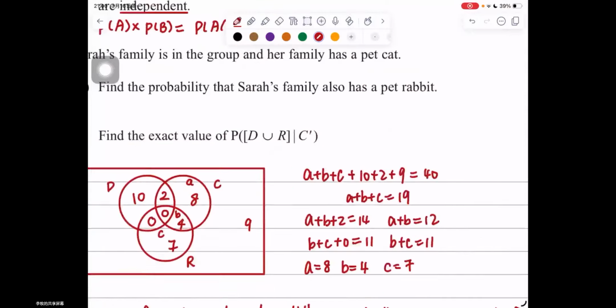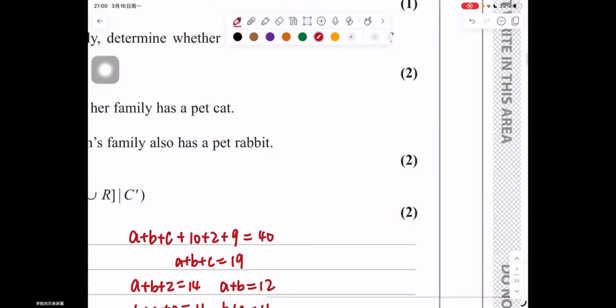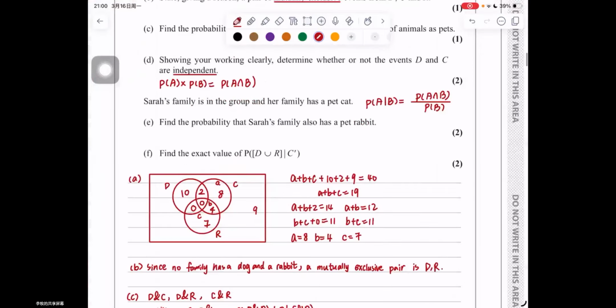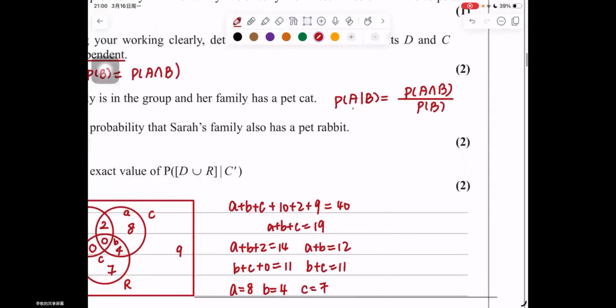Okay, let's recall. For conditional probability, the probability of A given B is equal to the probability of A and B divided by the probability of B. Okay? Now here A is what? A is the probability that has a pet rabbit, so it's R. And then B is what? Is given that it has a cat. Okay?